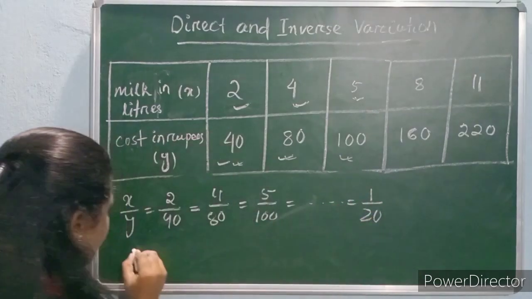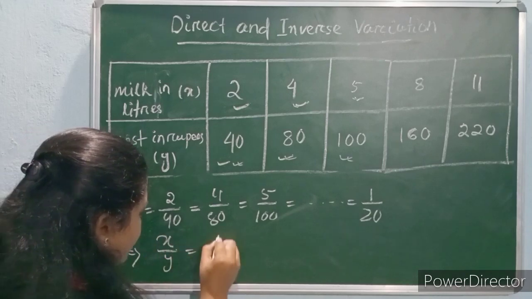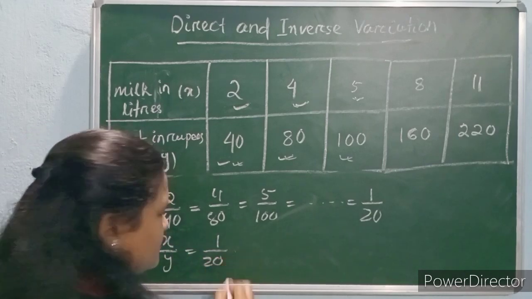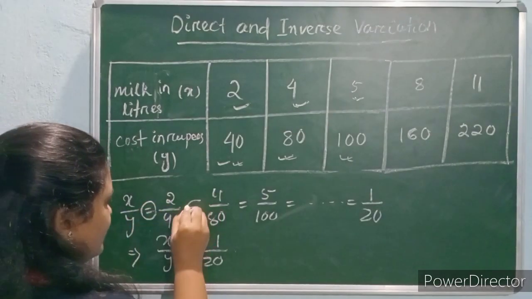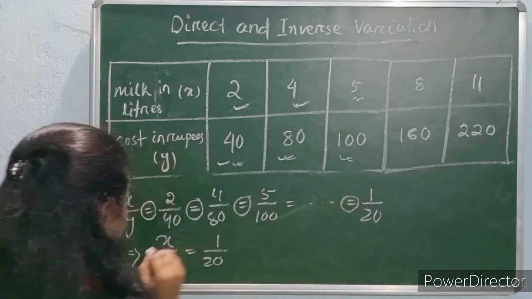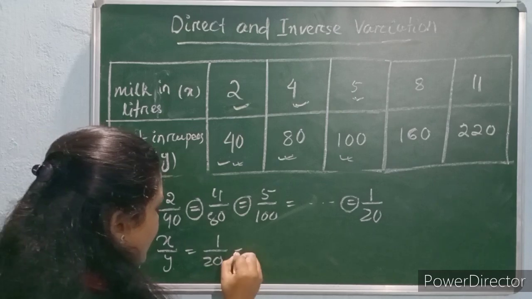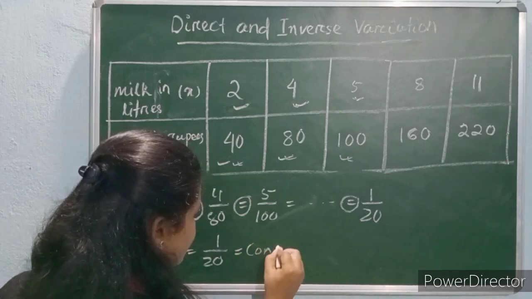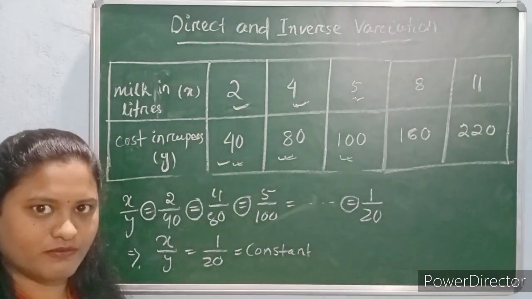So here we can write that x by y equals 1 by 20. Why is this 1 by 20? See, here the sign is an equal sign. All of them are equal to 1 by 20. So we can write that x by y equals 1 by 20, and this is the constant. Constant means it is just a number.